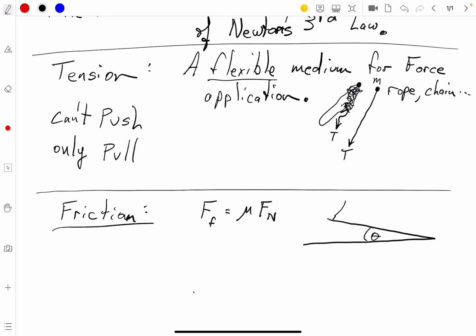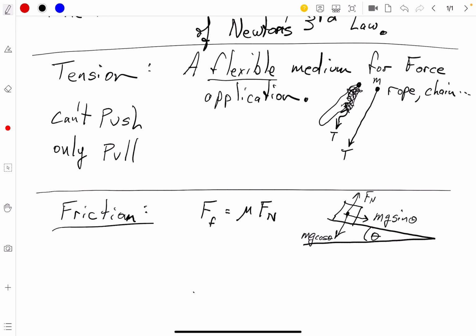So we have some box that can't roll. That's why it's a box, and I don't want to deal with rolling at the moment. And I've got a normal force. I've got mg sine theta. This one is mg cosine theta.